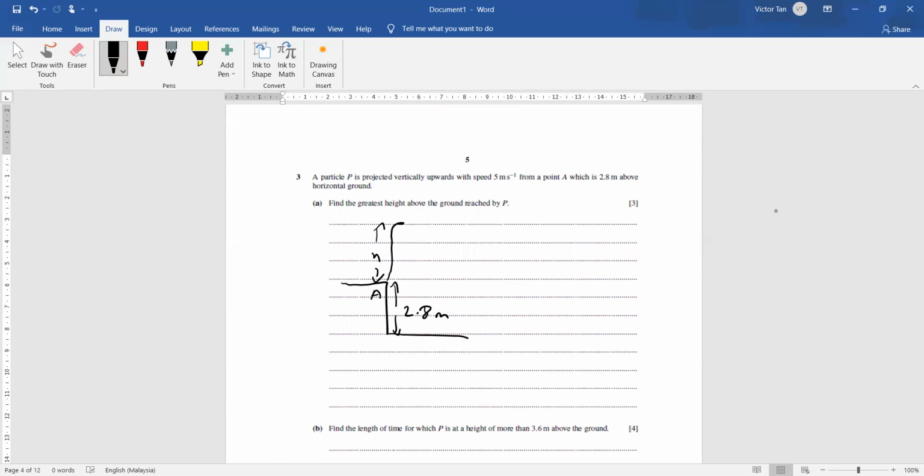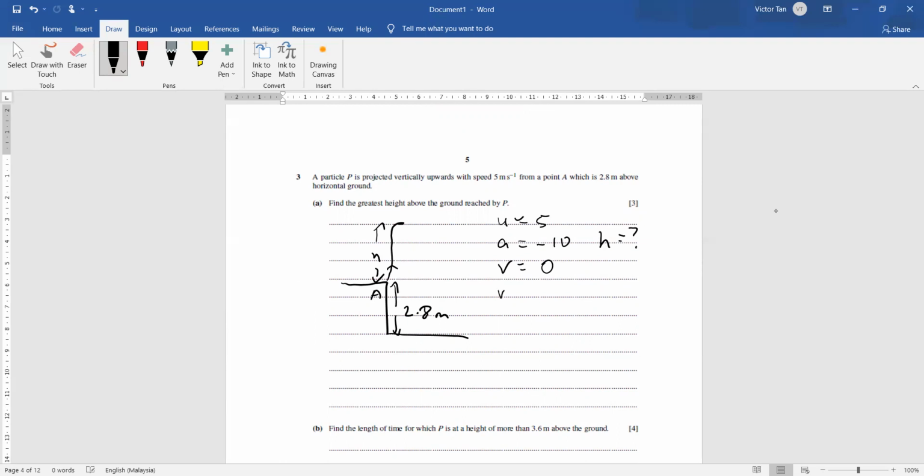Okay. So this is another SUVAT formula. You have initial velocity 5. Your acceleration is minus 10 since you're taking upwards as positive. At the greatest height, V is 0. So you want to find the height.